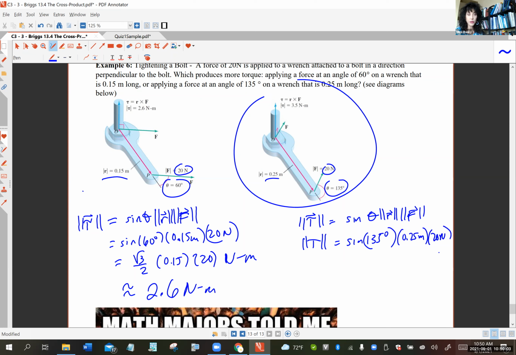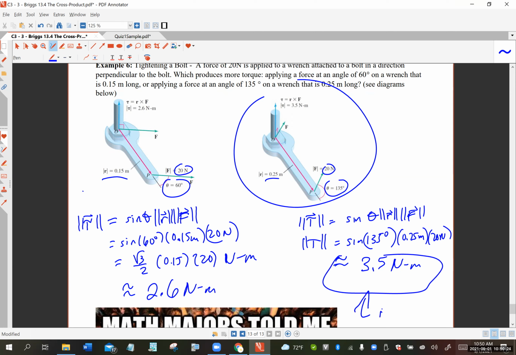And you still have 20 newtons for the magnitude of your force. Fine. I get approximately 3.5. And by the way, the sine of 135 is square root of 2 over 2. 3.5 Newton meters. So which one's better? Which one's more torque? Left or right? Right. More torque, more force.